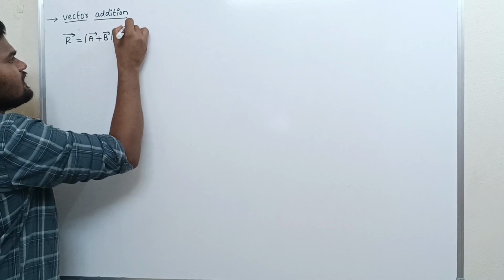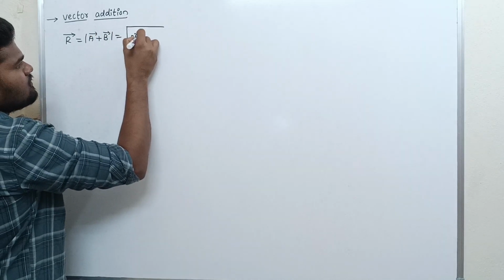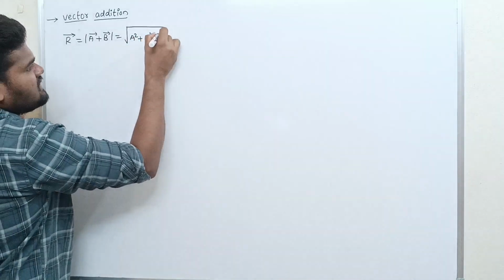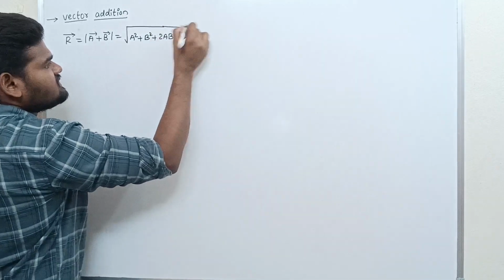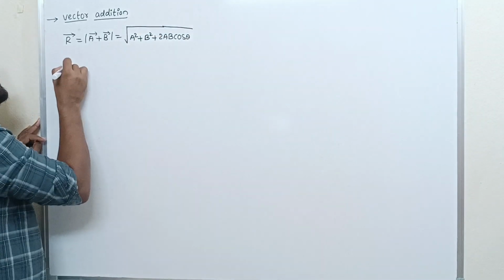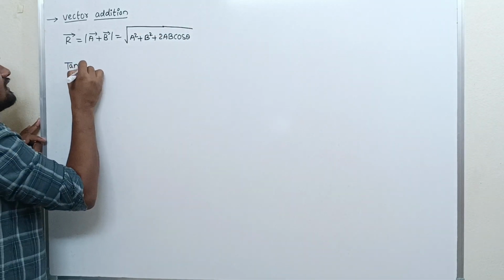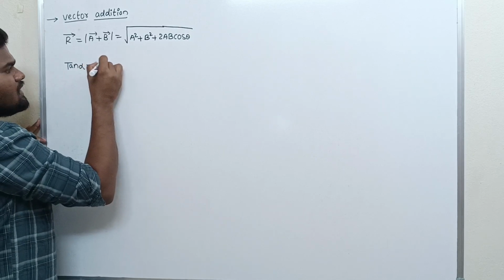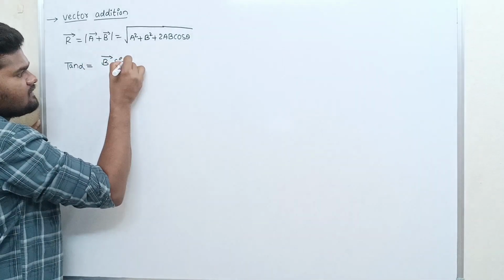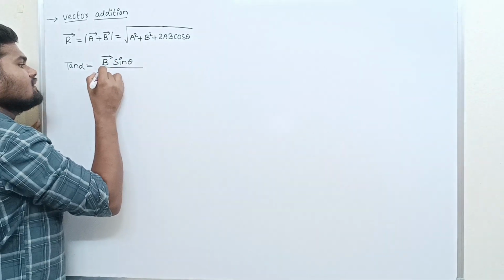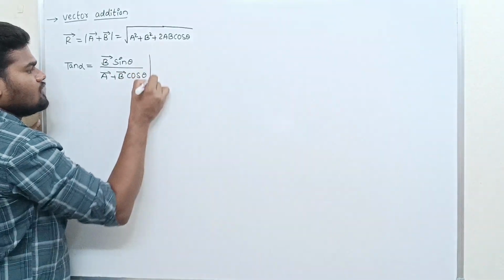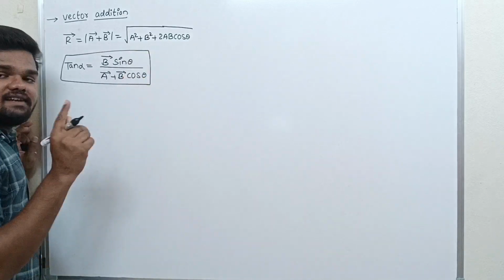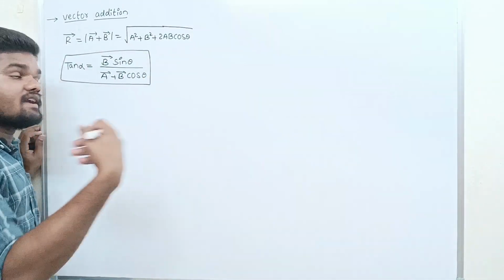So we get the square root of a square plus b square plus 2ab cos theta. And what is the direction of the resultant vector? Tan alpha is equal to b sin theta by a plus b cos theta. This is the direction of the resultant vector from the a bar vector.